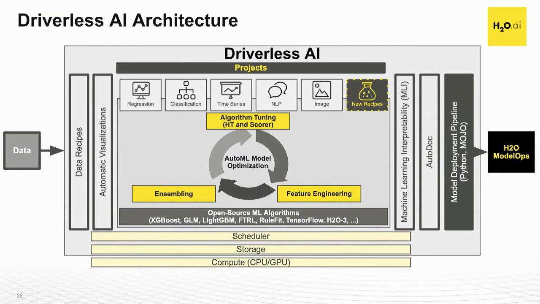It can run on both CPUs and GPUs, and there's storage and a scheduler for that infrastructure. Out the other end, you get your MLI and AutoDocs, and our deployment-ready artifact, which can be in Python, and like I said, also Java, C++, or R.